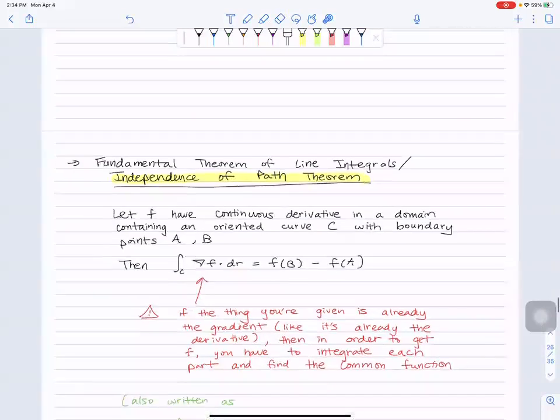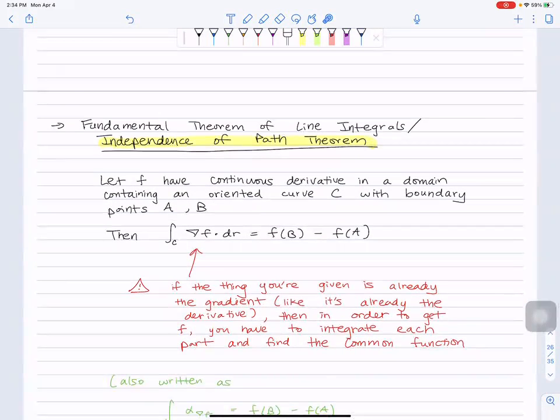Then we have the very important theorem, the independence of path theorem. It says that if you have a continuous derivative in your domain with boundary points A and B, some starting point A and some ending point B, then when you do the integral of the gradient dot dr, you can plug your endpoint into your function minus your beginning point into your function.